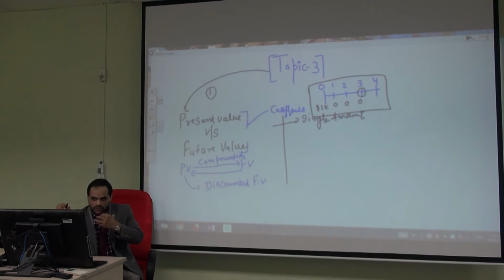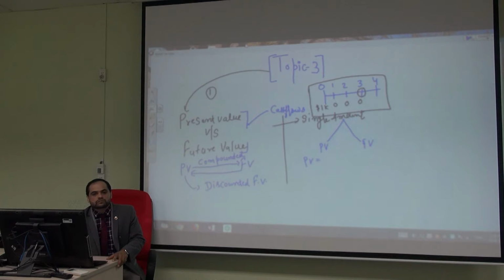That is an example of a single amount investment. Here we are going to calculate present value or future value using a single amount cash flow. So what is the formula for present value?